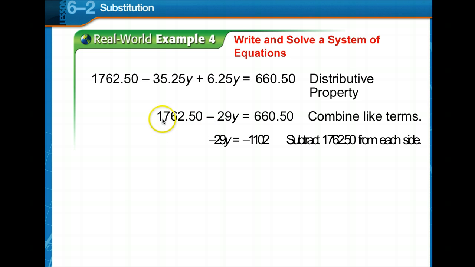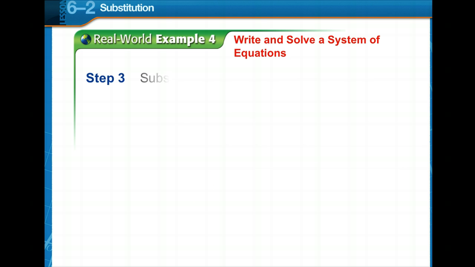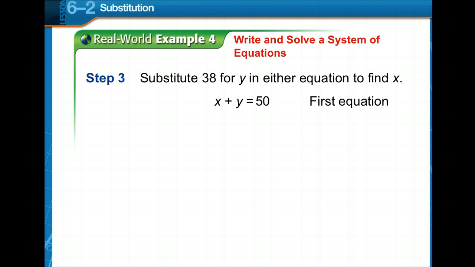We're going to subtract $1,762.50 from each side. We end up with two negative numbers. What do we do next, folks? You're right. We're going to divide both sides by -29. So y is equal to 38. We're not done yet, though. We know what y is, so now we're going to substitute in to find out what x is.